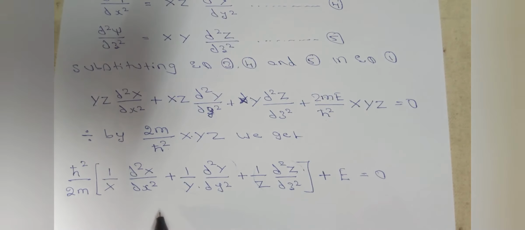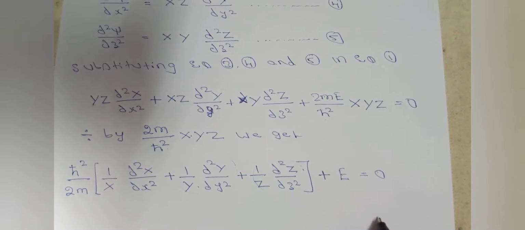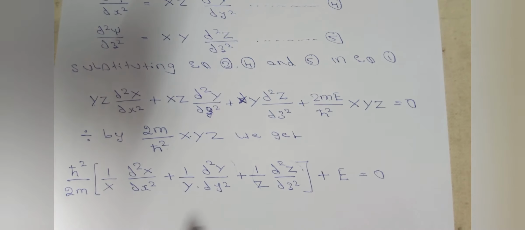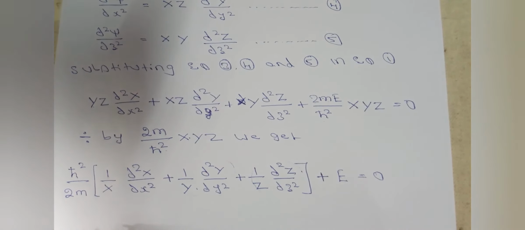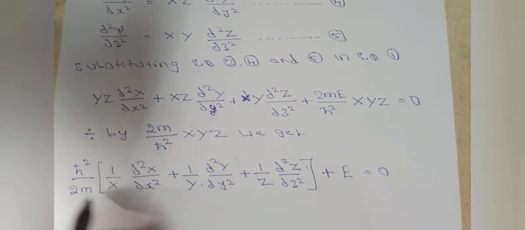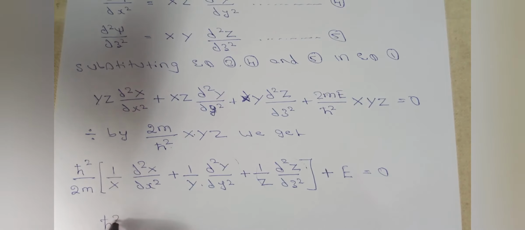If our particle within the box is moving along the x-axis, y-axis and z-axis, then Ex will be the energy along the x-axis, Ey the energy along the y-axis, and Ez the energy along the z-axis. So we can separate and write this as h cross square divided by 2m.